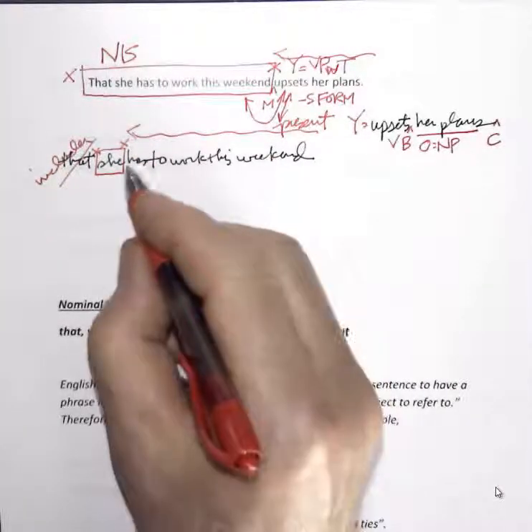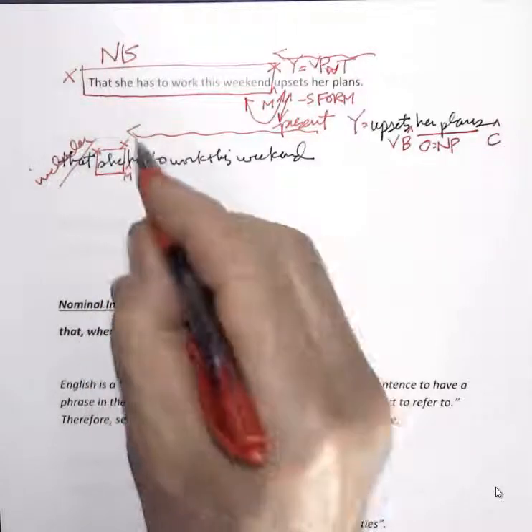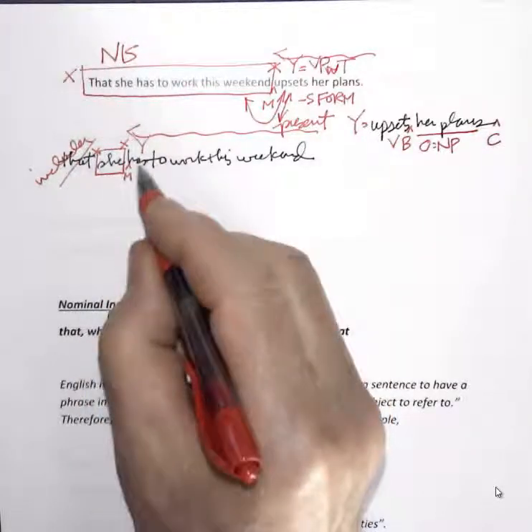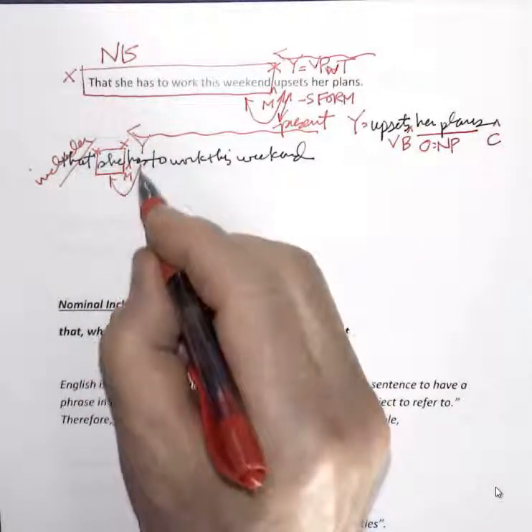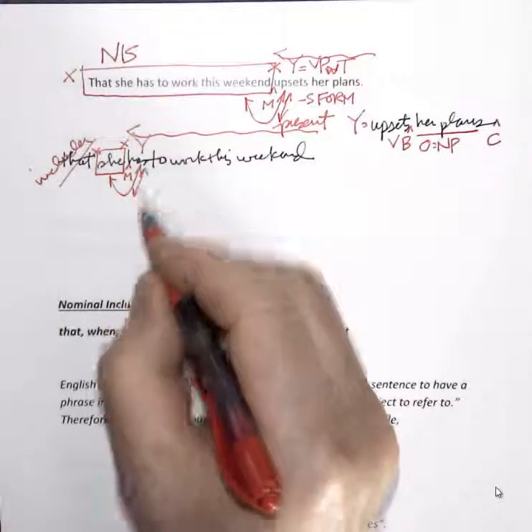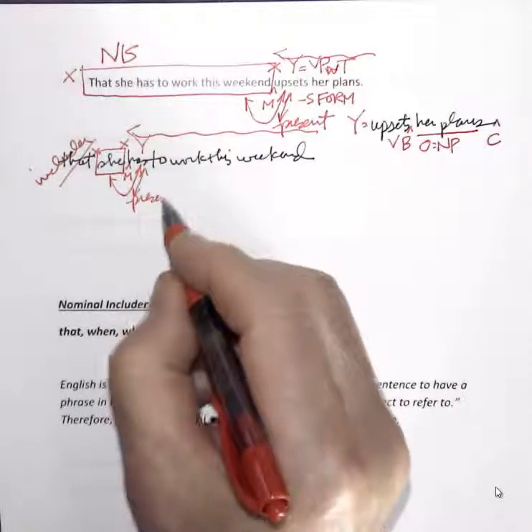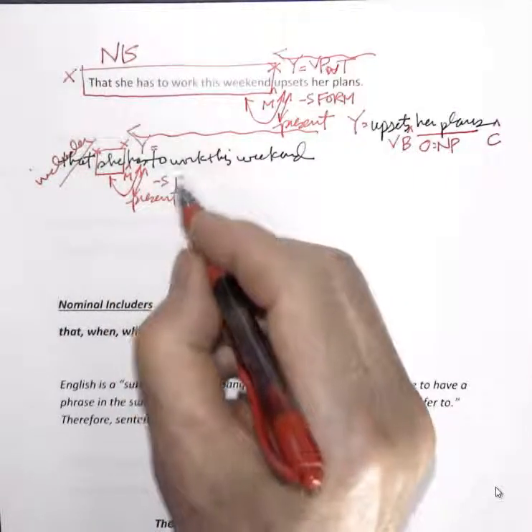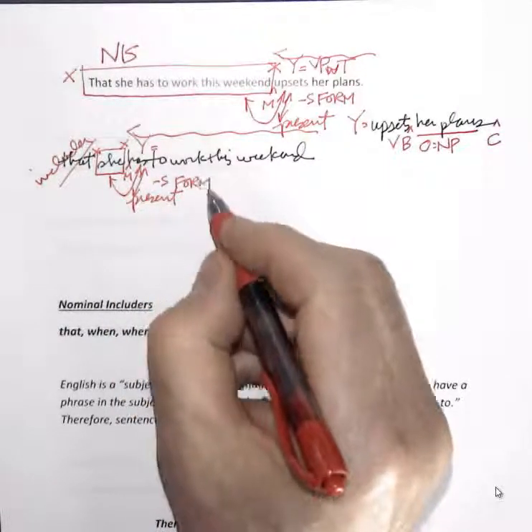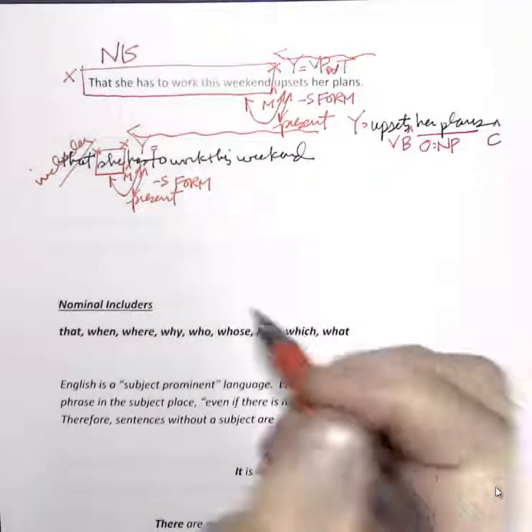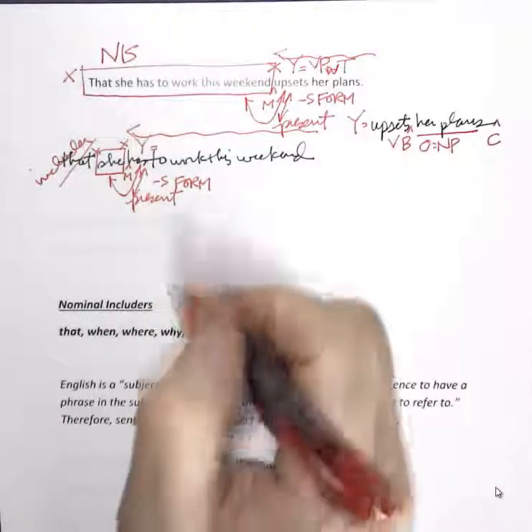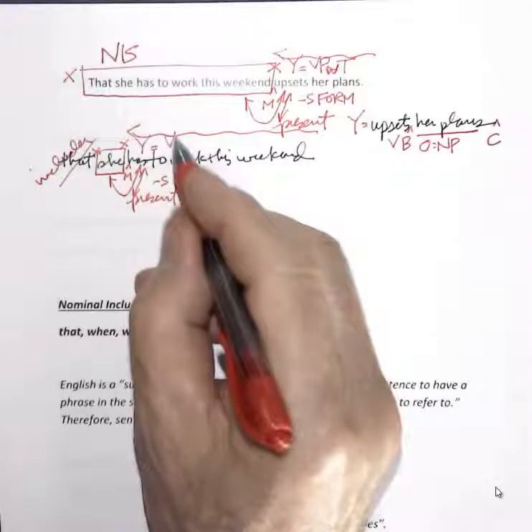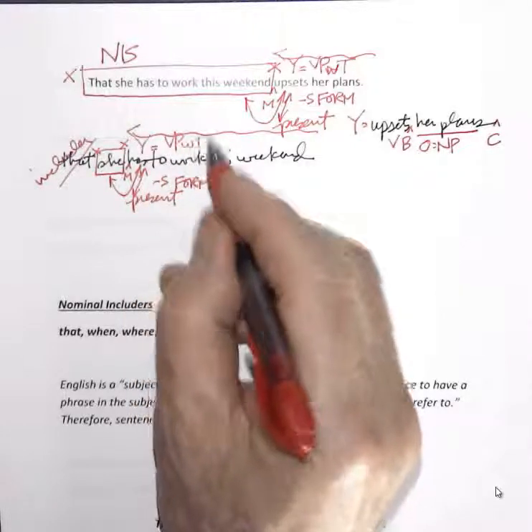Predicate. M place and Y. Has ties with she. Has ties with the present. S form. Verb phrase with time.